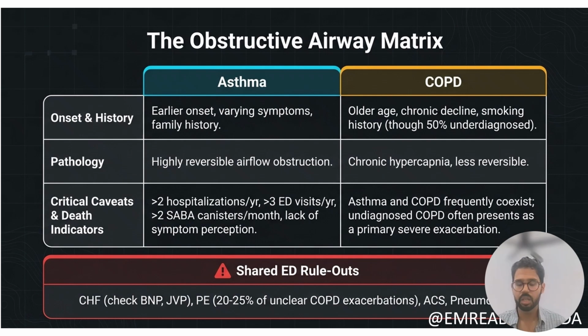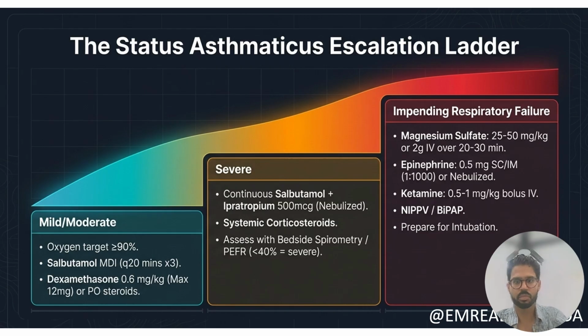Pulmonary embolism: oftentimes in 20 to 25% of unclear COPD exacerbations, we're actually dealing with a PE. Acute coronary syndrome can also be something we need to absolutely rule out. Pneumonia, an infectious etiology, can also overlap in the obstructive airway patient, and we need to make sure we rule that out.